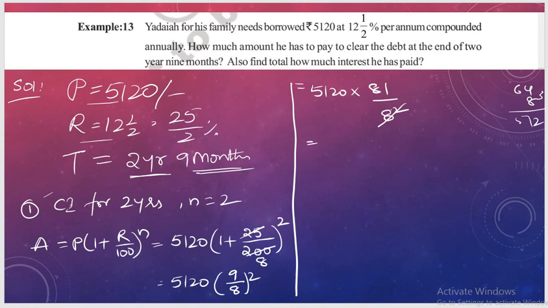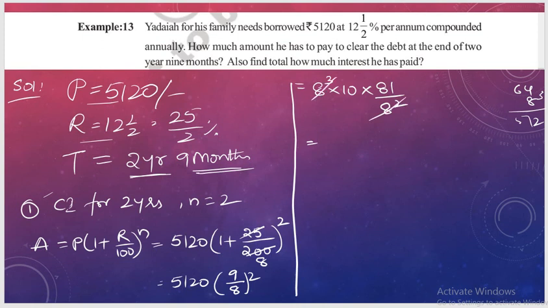Sorry, once again let us see this. I can write 5120 as 8 cube into 10, so 5120 into 9 square is 81 divided by 8 square.